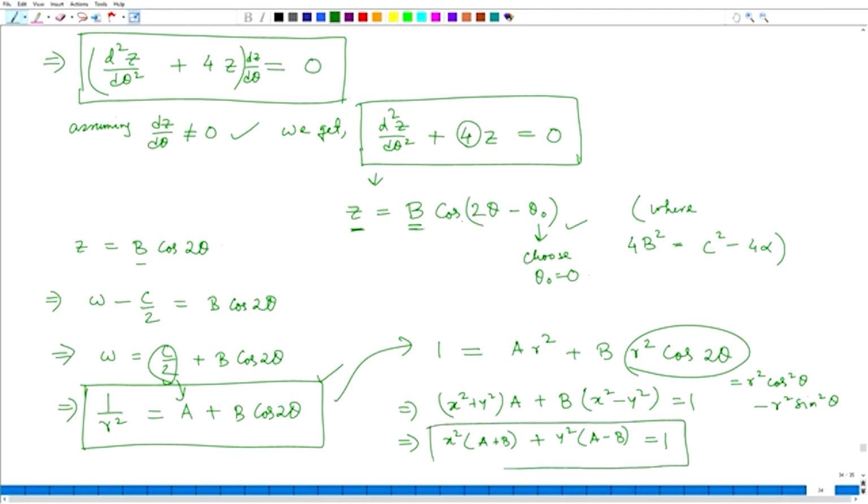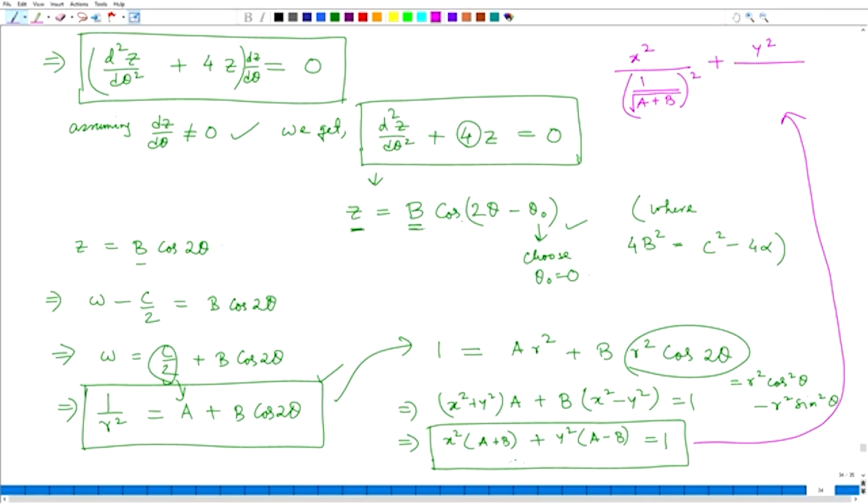Now, you can have some idea of the trajectory, because if you write this equation as x² over (1/√(a+b))² plus y² over (1/√(a−b))² equal to 1, and since a = c/2 and b = ½√(c² − 4α), and α is greater than 0, then you can have a greater than b.